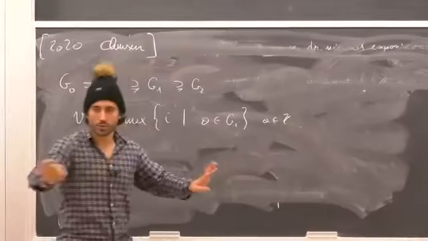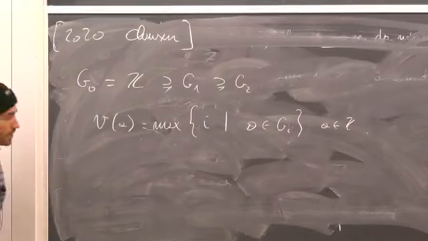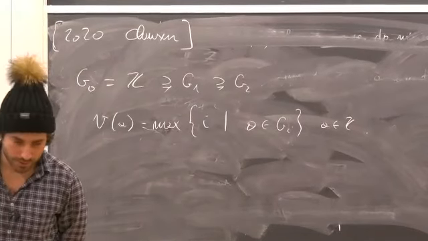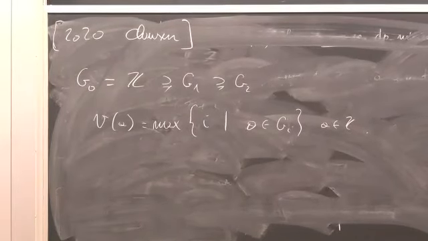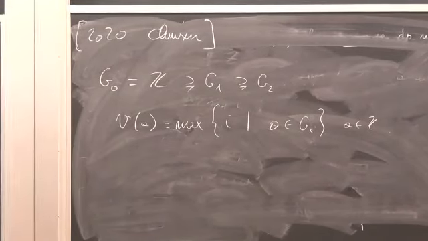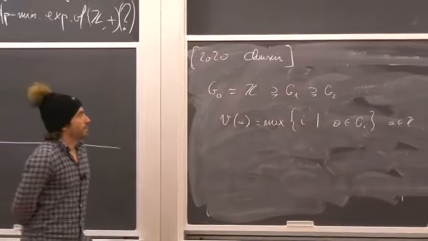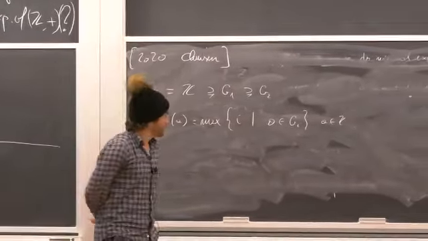I'm always working in Z. So you define this, and it turns out that it's a group valuation. It behaves a bit like the p-adic valuation, with fewer properties, but still good ones.